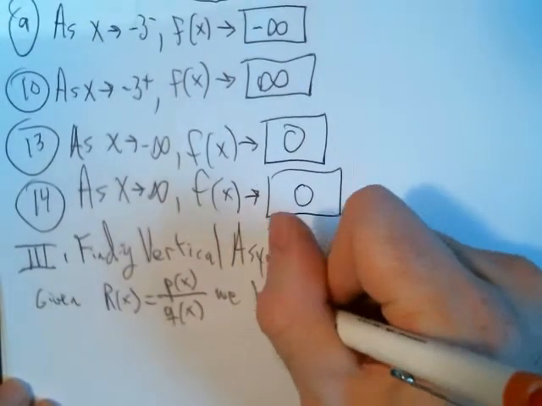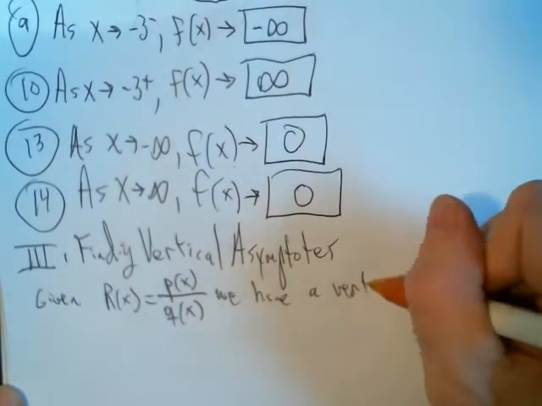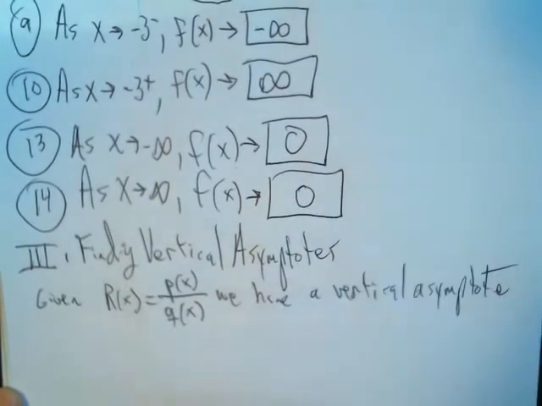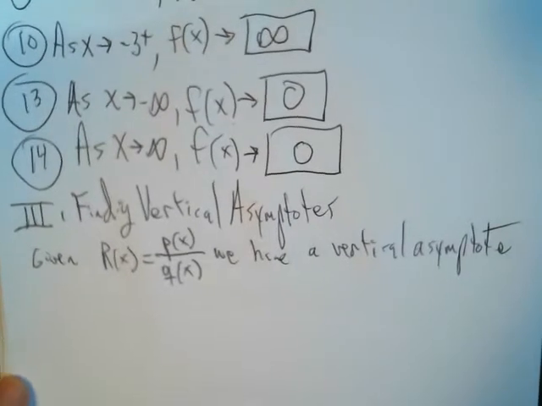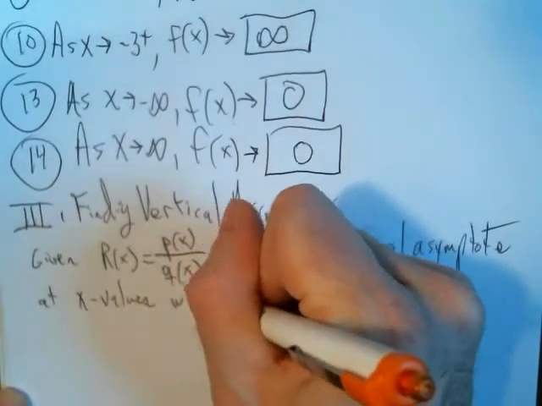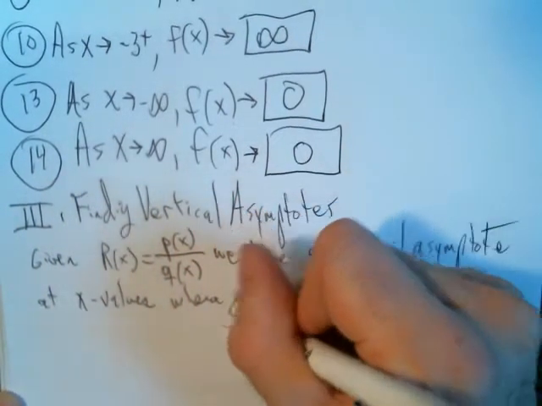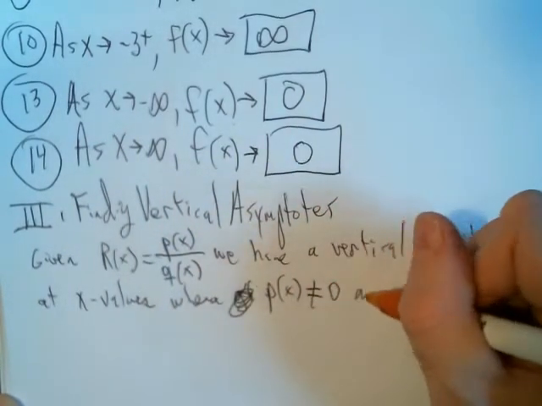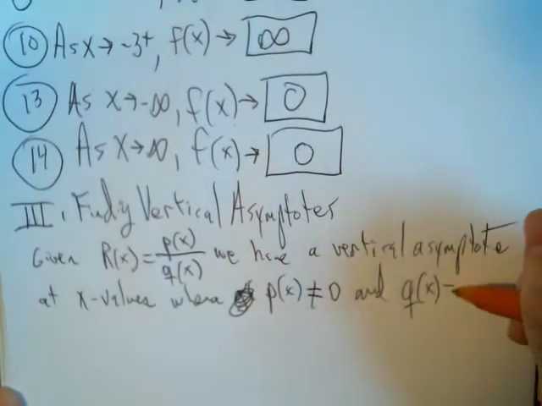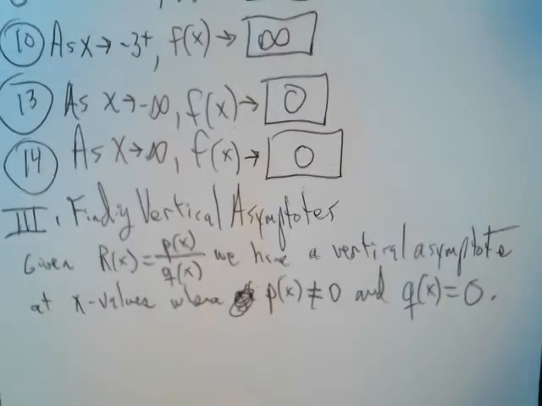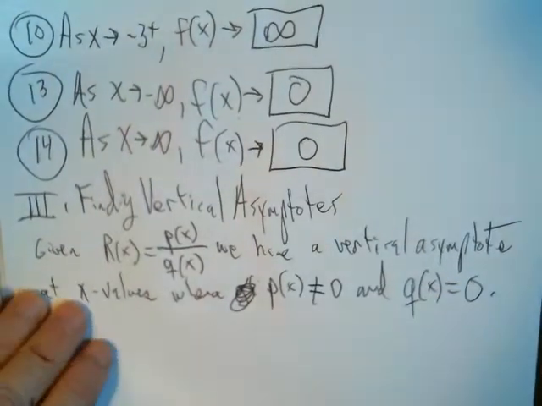We'll have a vertical asymptote at x values where p of x is not 0 and q of x is 0. Okay. So if they're simultaneously 0, it turns out there's going to be a little hole in the graph at that point. Okay.